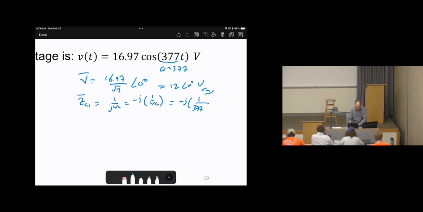Then C is 2.65 times 10 power negative 3, because it's milli. So the answer will be negative j1 ohms. You put negative j, then substitute this expression alone in the calculator. Then it will be 1, so therefore it will be negative j1.